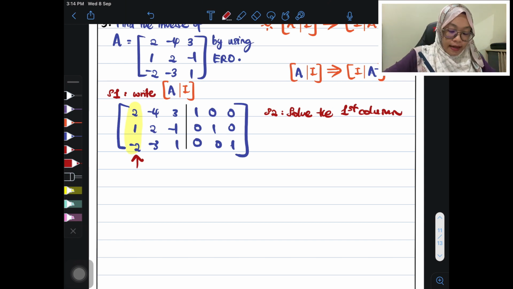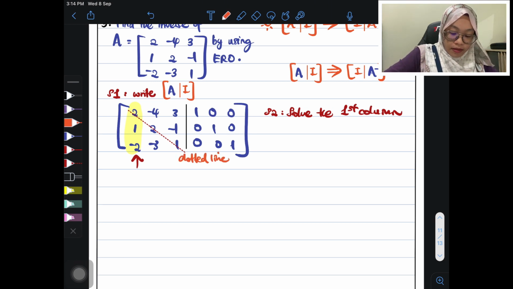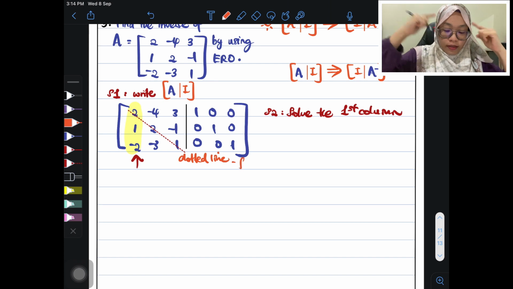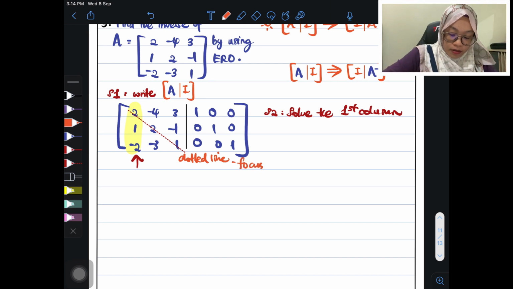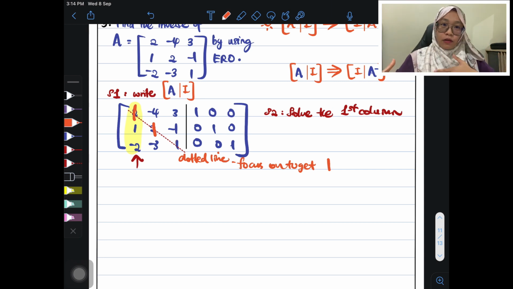The thing is, as I said, apa yang kena buat sebelum tu? You kena letak dotted line. So that dotted line ini akan jadi guideline. Okay, this dotted line will help you focus on to get 1, 1, 1, 1, 1, 1 at the end of the solution tau.